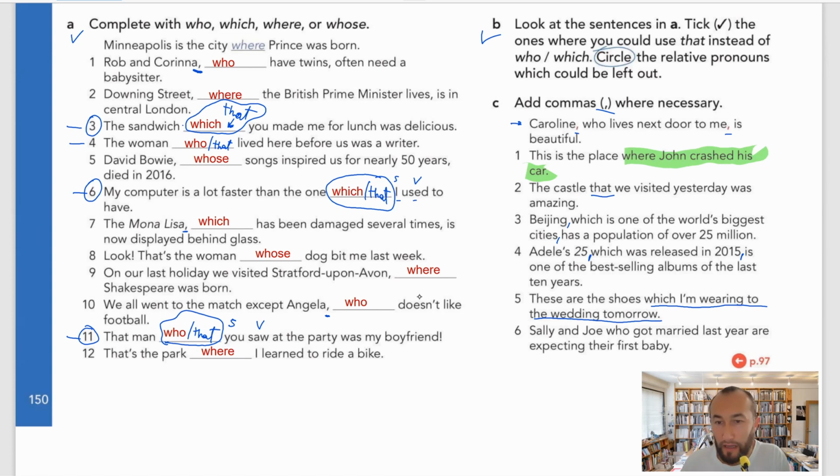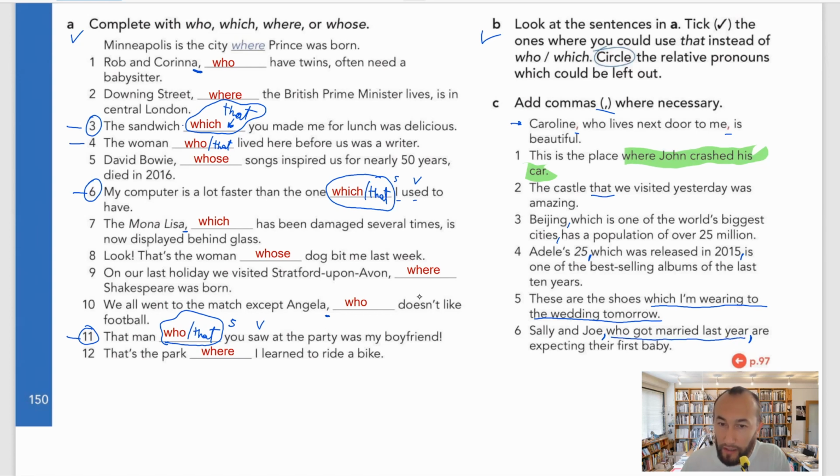So number 6, Sally and Joey, who got married last year, are expecting their first baby. Sally and Joey are proper nouns, their names. So that means we need to apply a comma here, who got married last year, and a comma there. Who got married last year is a non-defining relative clause, because removing it is not going to change the main idea.